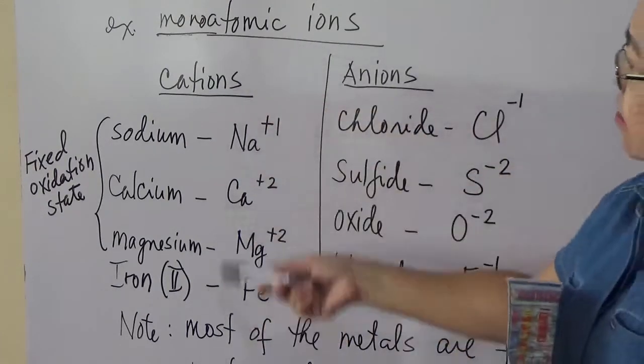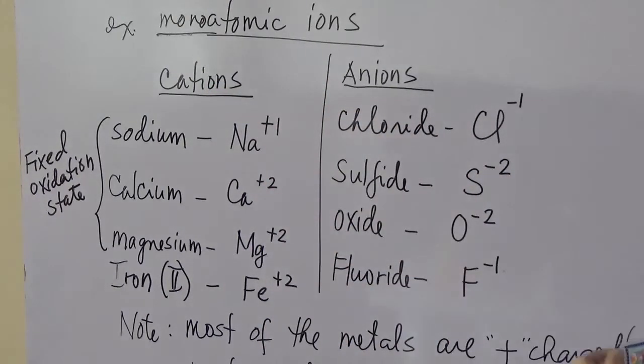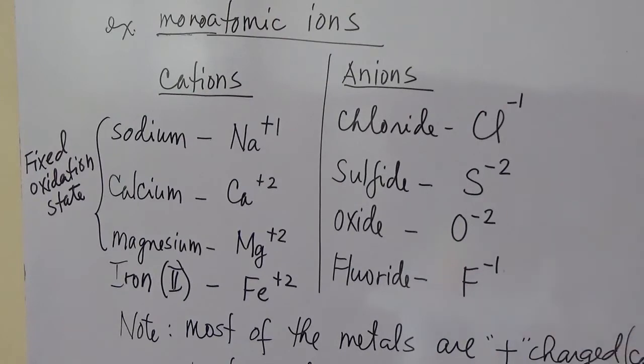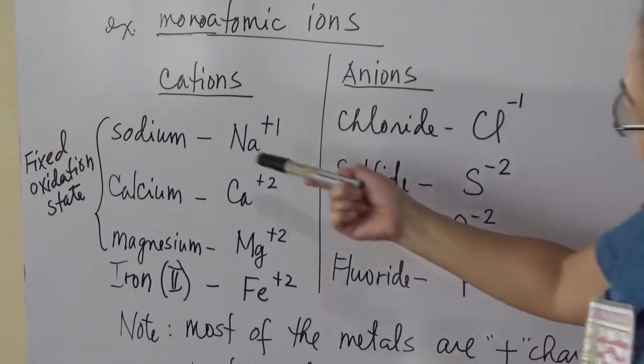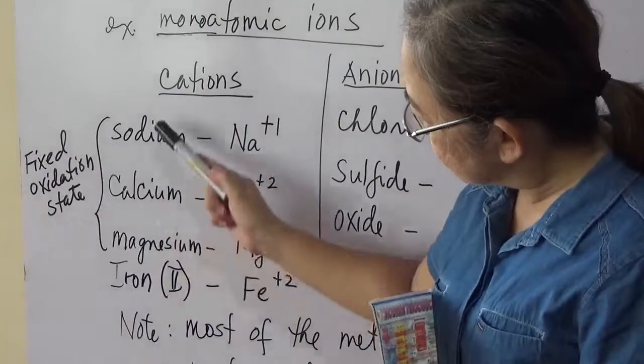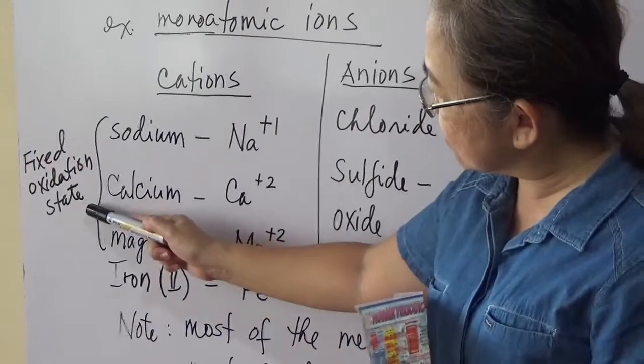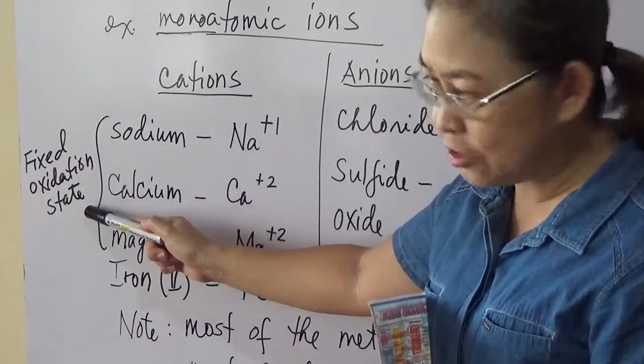For cations, if it is monoatomic, the name is just the same as the name of the element in its neutral state, except for ions which have more than one charge. I have grouped these three, sodium, calcium, magnesium, and indicated them as fixed oxidation state.